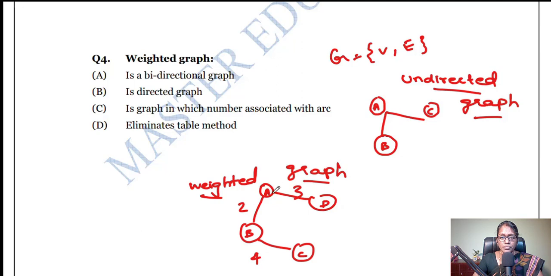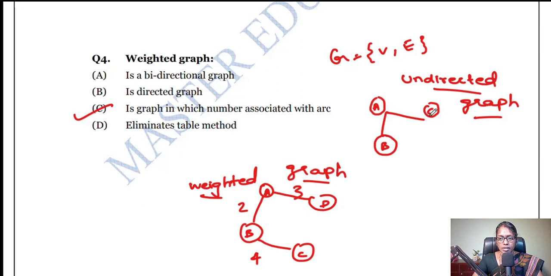For example, from A to B the distance is 2. This is called the weight. So a weighted graph is a graph in which a number is associated with an arc. Whenever you are assigning some value to the edges, then it is called a weighted graph.